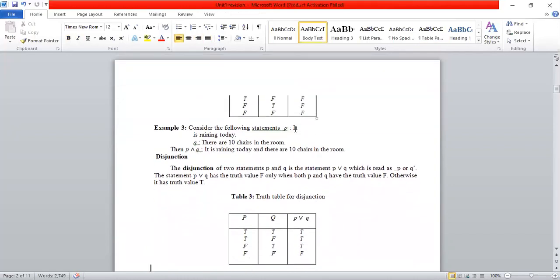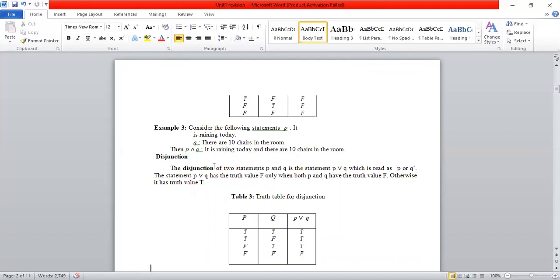Next, here we have one example. Consider the following statements. We have taken one statement P: it is raining today. We have considered one more statement Q: there are 10 chairs in the room. P and Q is: it is raining today and there are 10 chairs in the room.